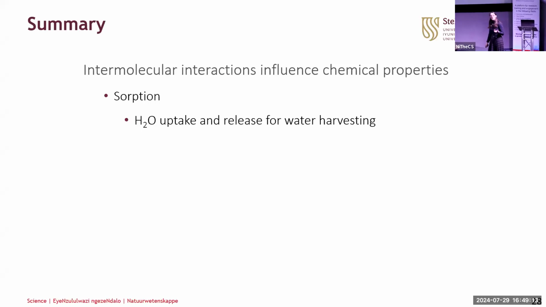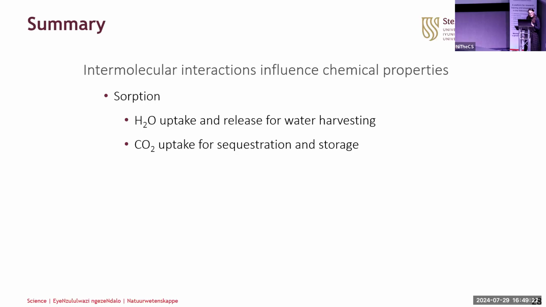And this is very important for potential water harvesting. The bit that I've unfortunately had to skip was about carbon dioxide uptake. We can do the same kind of thing looking at how carbon dioxide can be taken into porous materials through intermolecular interactions involved in the porous compound.